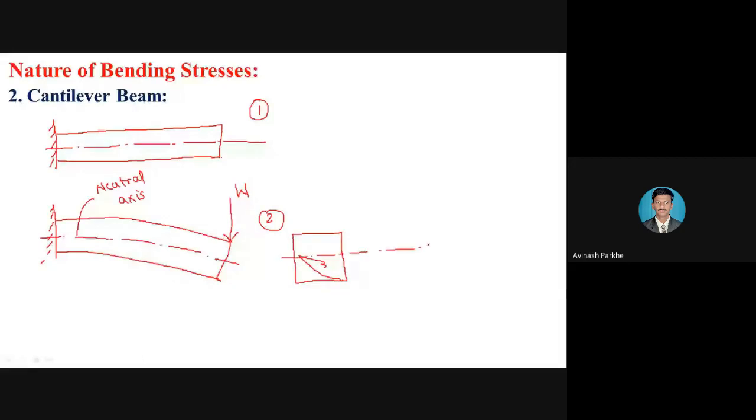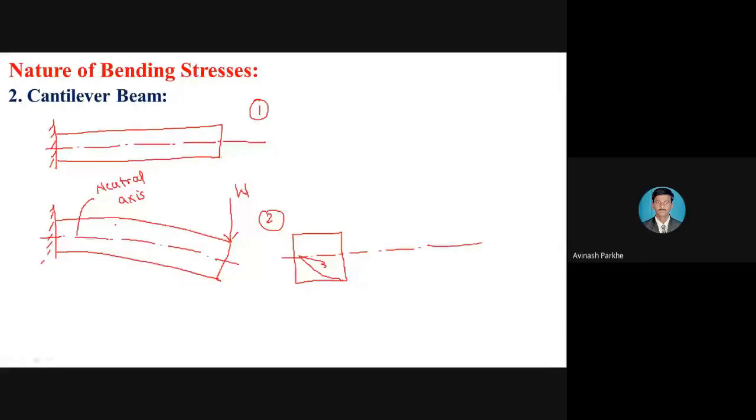Now please tell me, if the cantilever beam is subjected to any type of load, maybe it is subjected to the point load or maybe it is subjected to the UDL, the bending is taking place in the downward direction. Please tell me the upper portion of the neutral axis, whether it is tension or compression. Tension. Right?